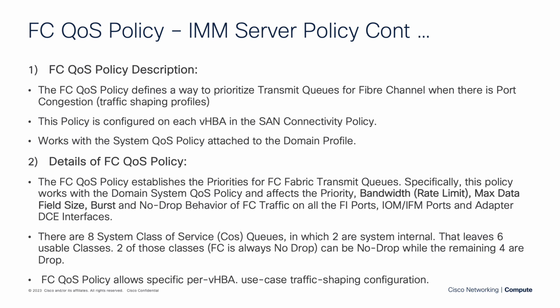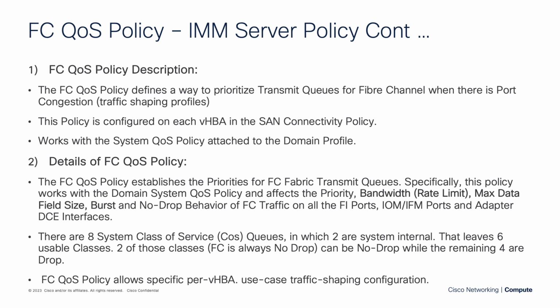So, even though there's 8 total classes and 2 of them are internal, you don't really even see those, leaving 6 usable classes, 2 of which can be no drop. Well, one of those 2 is in fact Fiber Channel, and that is just the way it is.